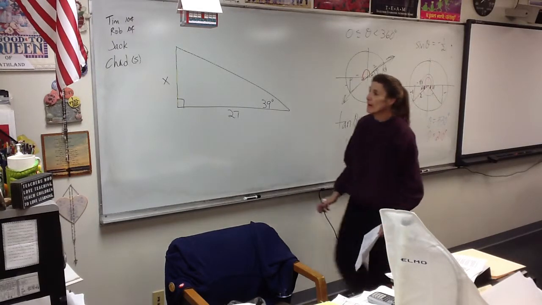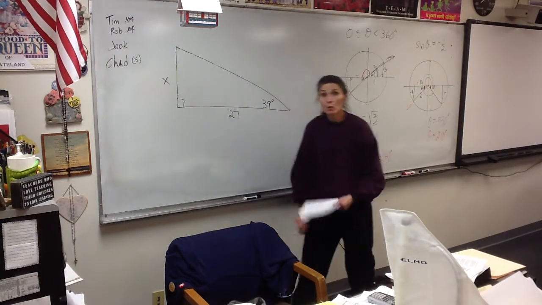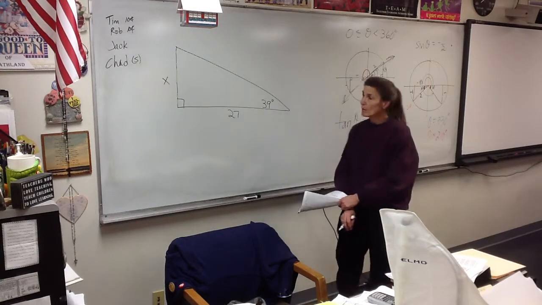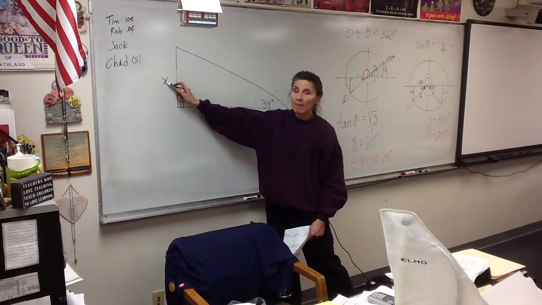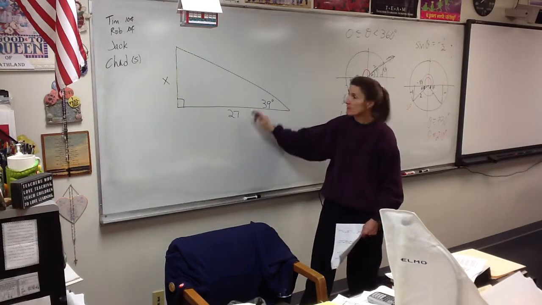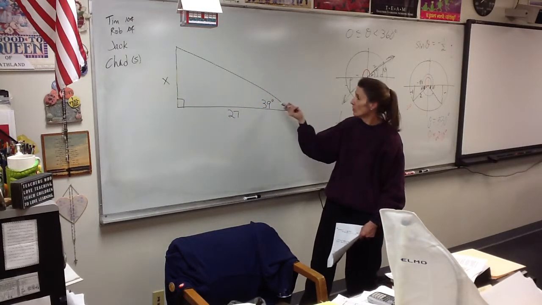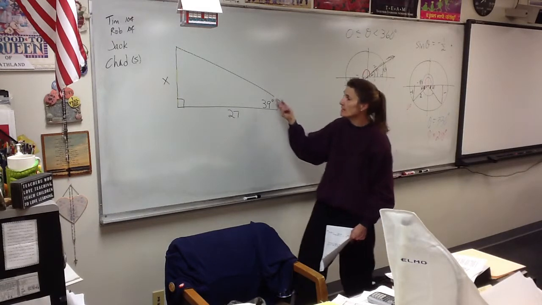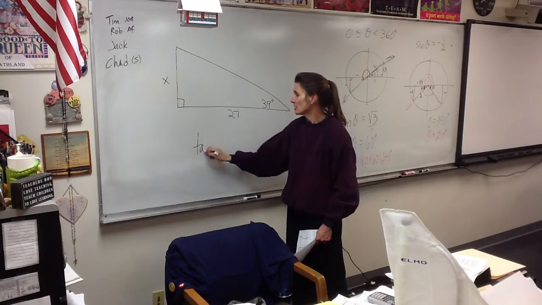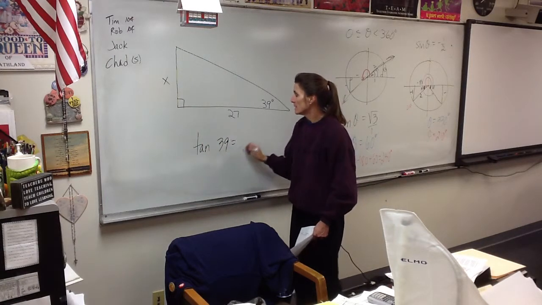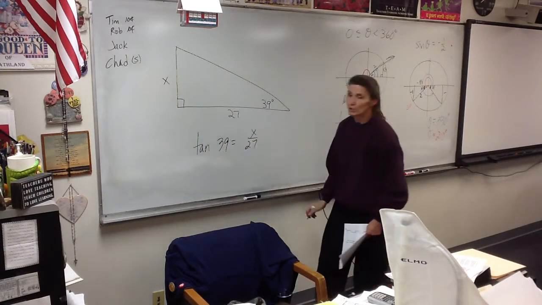And I need to figure out what x is. So I'm going to write an equation. And the equation I'm going to write has to use the sides opposite and adjacent. Because in this right triangle, with regard to this angle, this is the opposite and the adjacent. So the tangent of 39 equals opposite over adjacent.